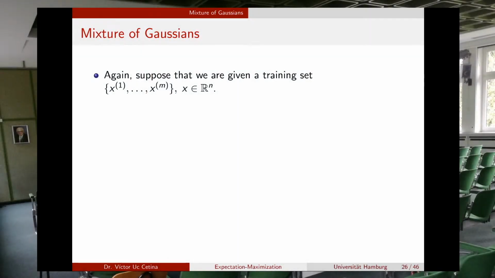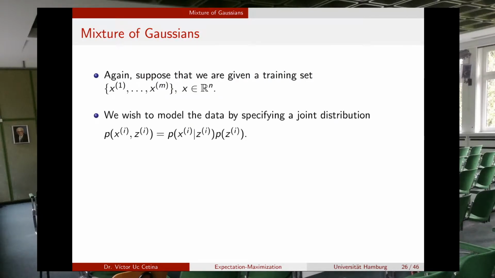Okay, let's talk now about mixture of Gaussians. Again, suppose that we are given a training set with m input vectors of dimension n, and we want to model the data by specifying a joint probability distribution of x and z.